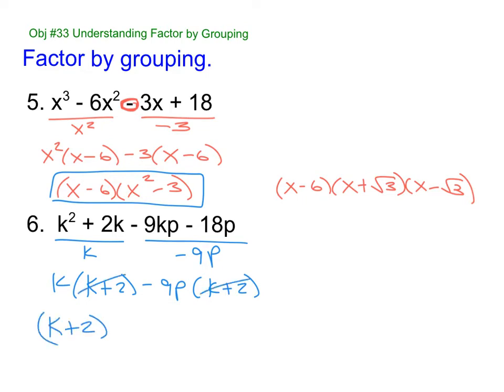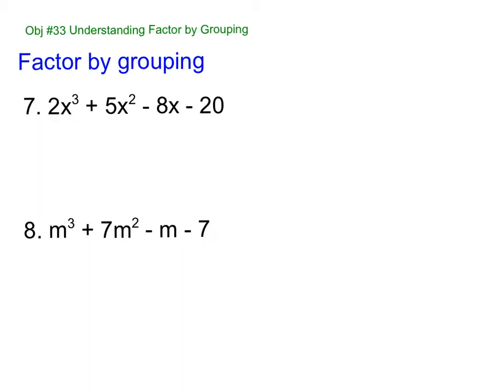When those are pulled out, we're left with k minus 9p. That's it. Okay, so now I'm pretty sure these we're going to have multi-step. Yeah. So these we're going to end up having to factor again. So pause and try these on your own.